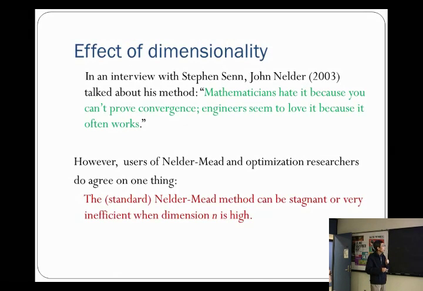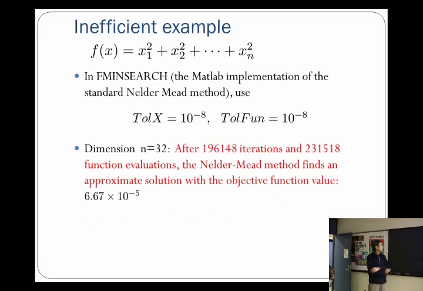This method can be stagnant or very inefficient when the dimension n gets much higher. If your dimension n equals 2, 3, 4, 5, this is like John Nelder said, it often works really well. But if your dimension goes to about 10, 20, then you get to see some new problems. Here is one inefficient example. Similar one, right? Standard quadratic.